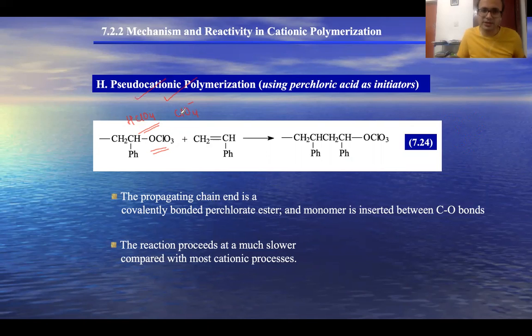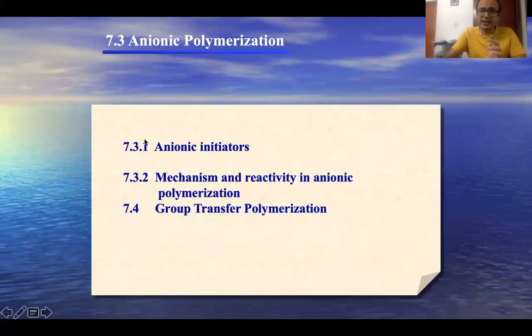That is why it's called pseudocationic polymerization, and the reaction proceeds at a much slower rate, because obviously when there is an intimate contact between the counterion and the propagating chain, the polymerization rate would be greatly reduced. That is what we discussed initially, solvation, and how the intimate pair is freed if we use proper solvating solvents. So I hope you got a good understanding of cationic polymerization.